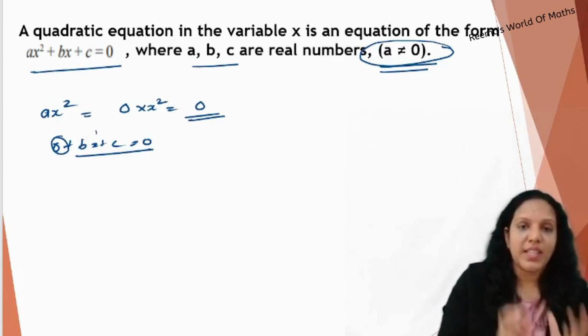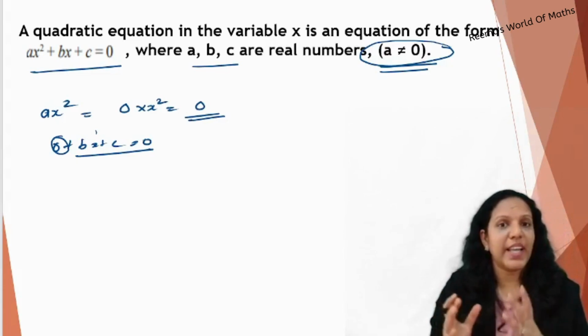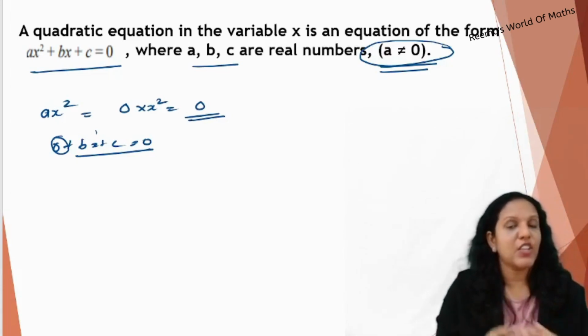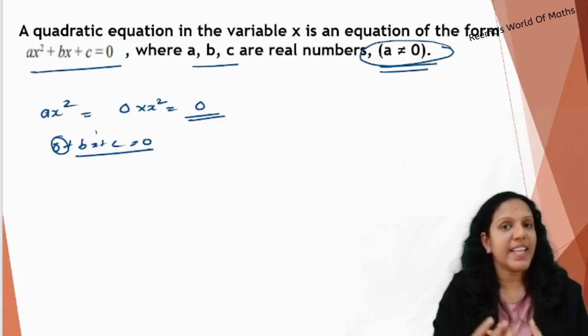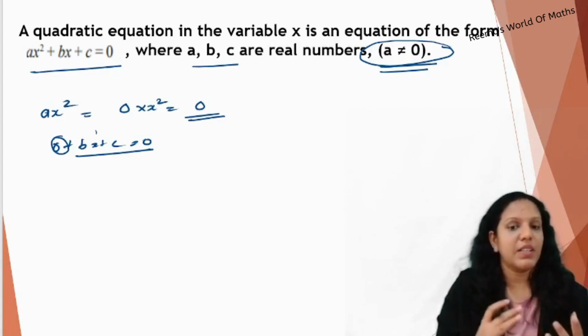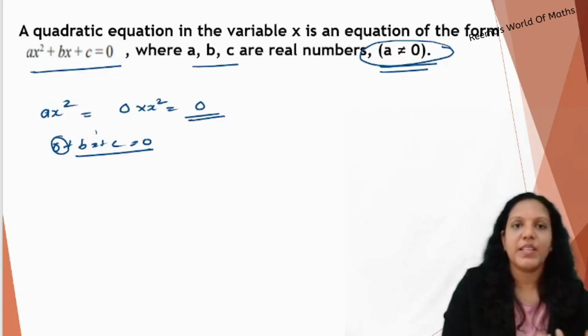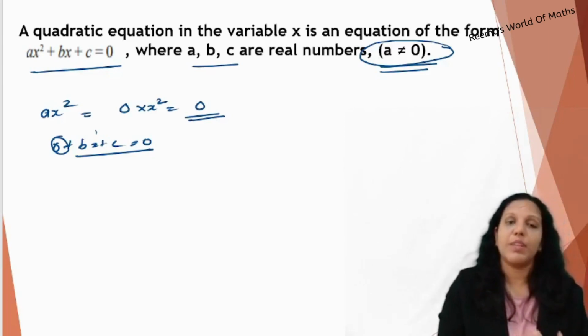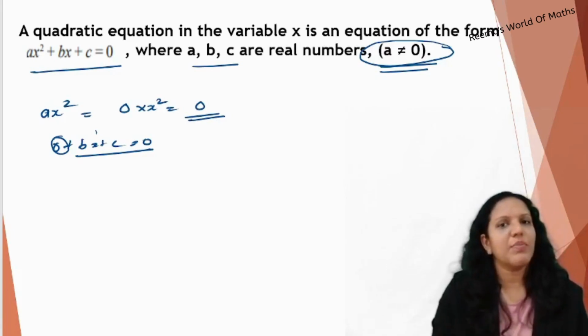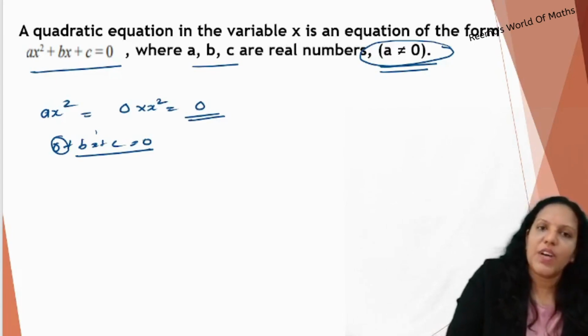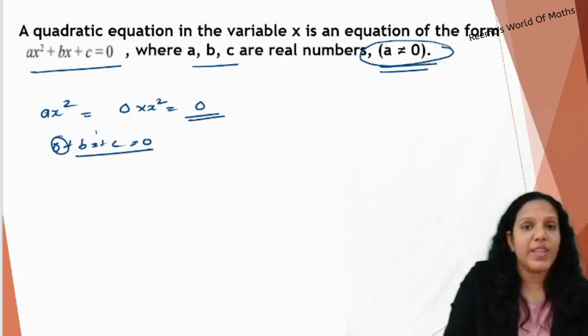That's the reason why we have the restriction that a cannot be 0. a is the coefficient of the highest degree term, which is x squared. So if a is equal to 0, the second degree term will also be 0, and automatically it will become a linear equation. That is the reason why we need to check that a is not equal to 0.